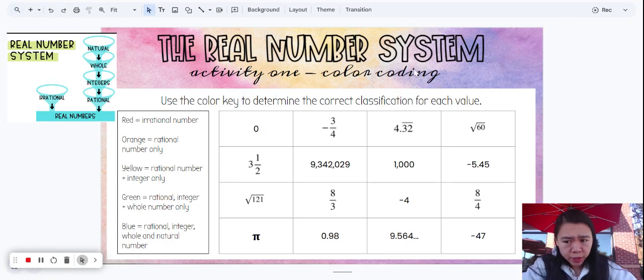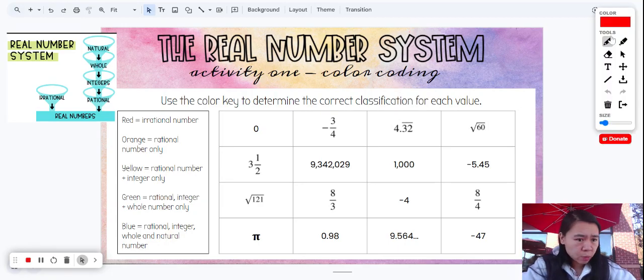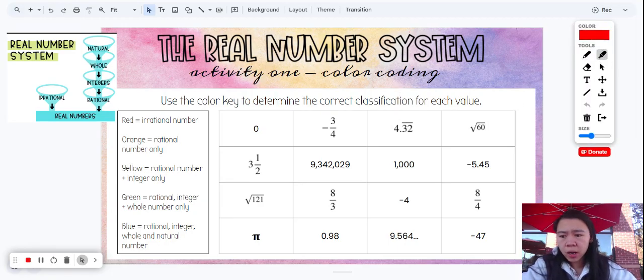I think the easiest way to go for this assignment is probably to go ahead and highlight our irrational numbers. Irrational numbers are going to be red. These are the numbers that go on forever with no pattern. Can you find them? You might pause this video if you want to now and try to find them on your own, but I'm gonna go ahead. Pi goes on forever, you guys.